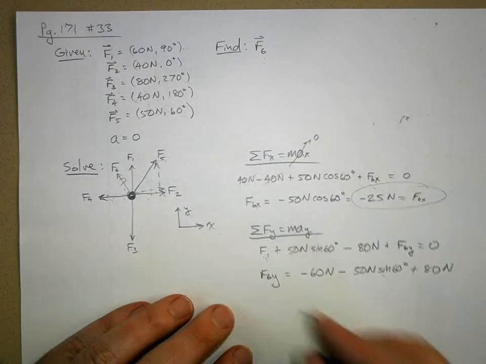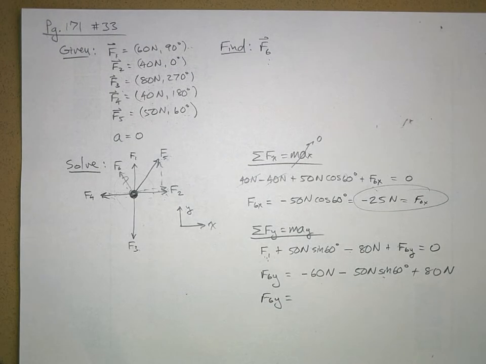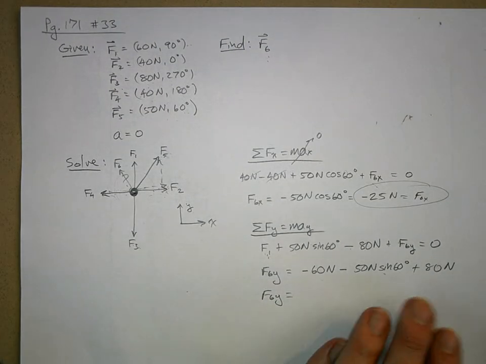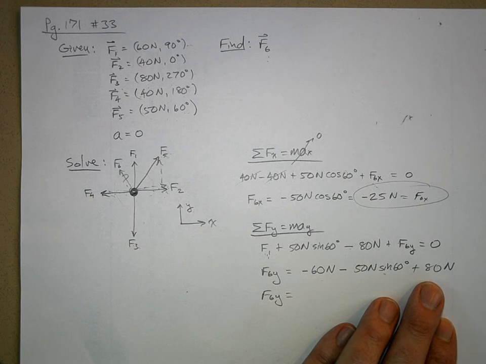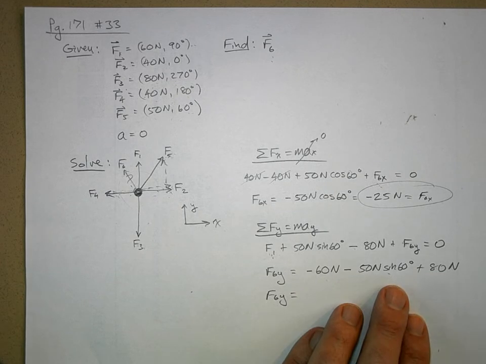So to do this, I need my calculator. If I can find it. Oh, here we go. So I'm just going to start off with 80 newtons over here. So 80 newtons minus 50 times the sine of 60.